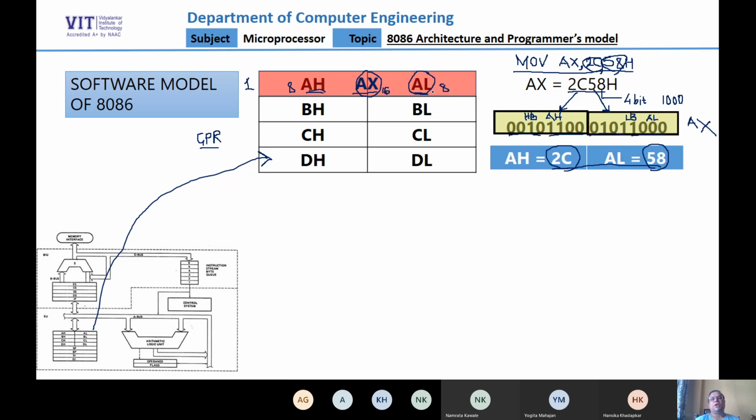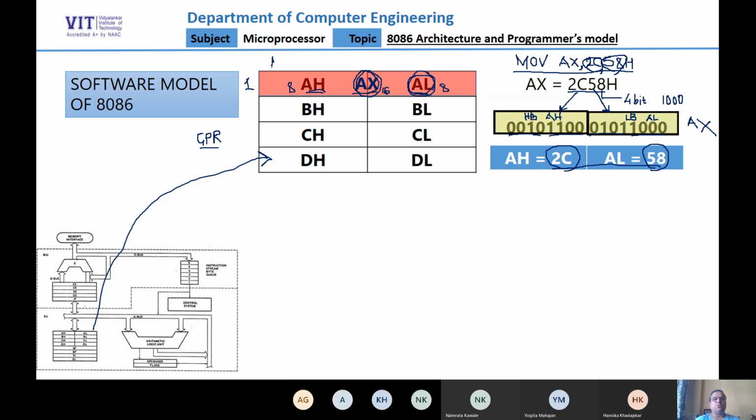If I am performing 8-bit multiplication, then AL will be considered as one of the default operands. And if I am performing 16-bit multiplication, then AX will be considered as one of the default operands. Now, what does this mean? Default operand, right?